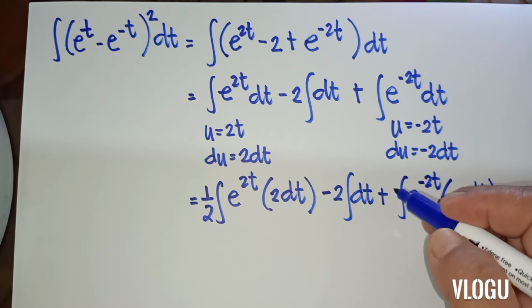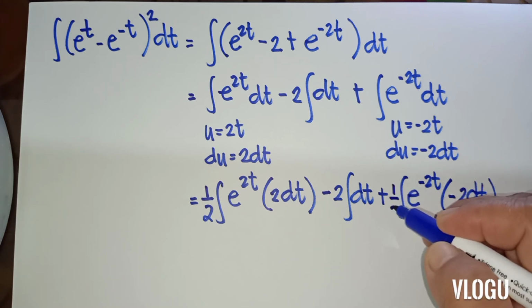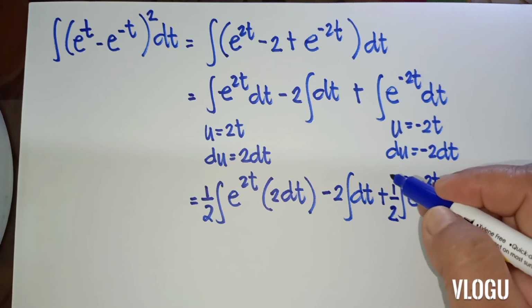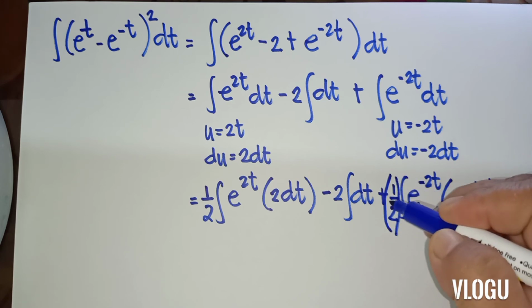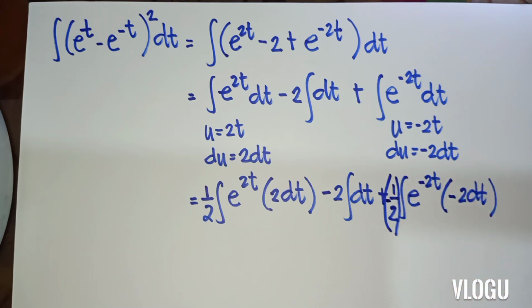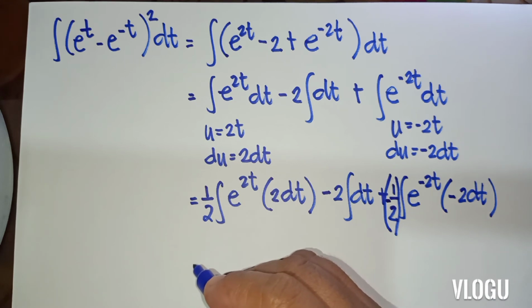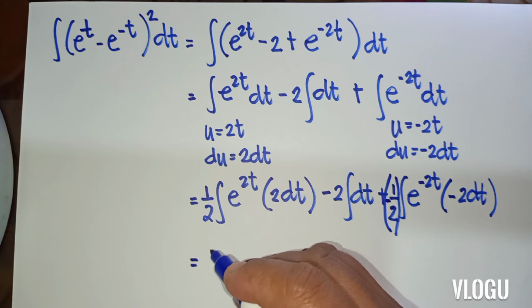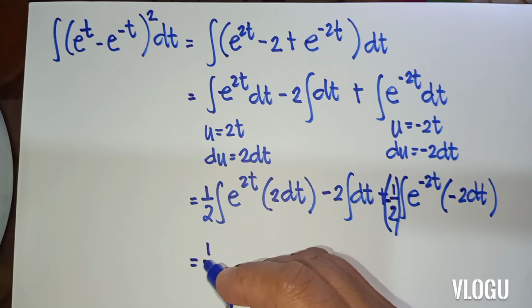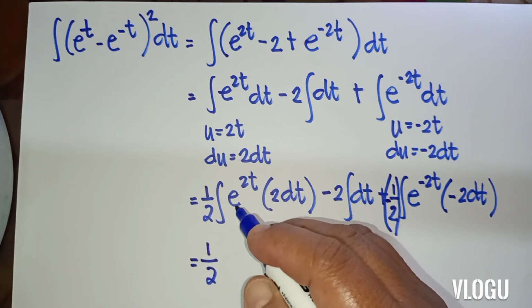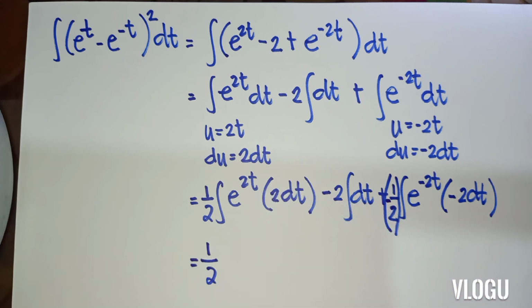Multiply by negative 2, so multiply by negative 1/2. So our final answer is 1/2 e to the u du.